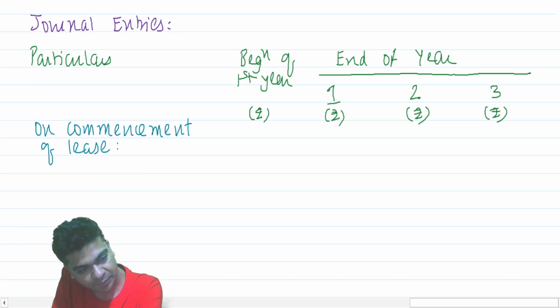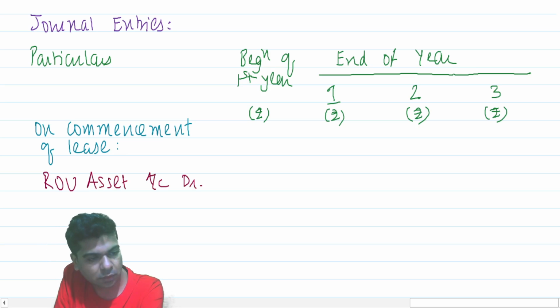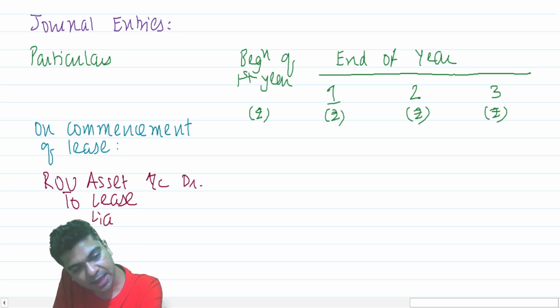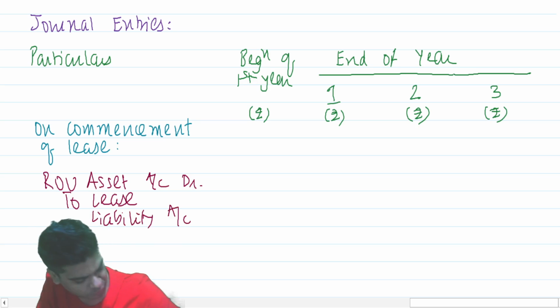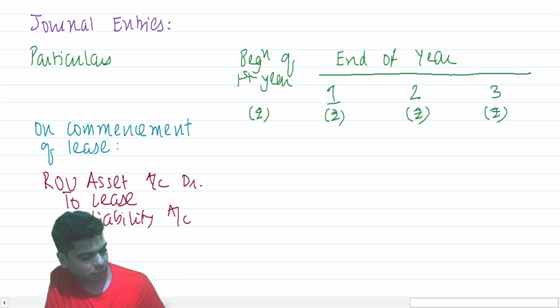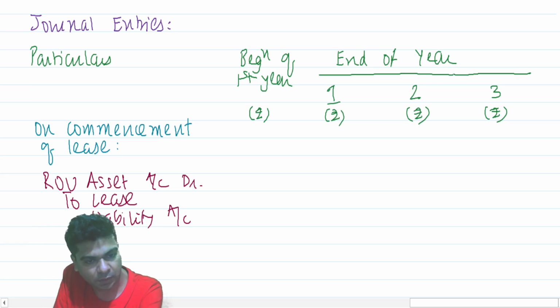So we say ROU asset account debit to lease liability account. Yes. How much was it? 77,370, isn't it?